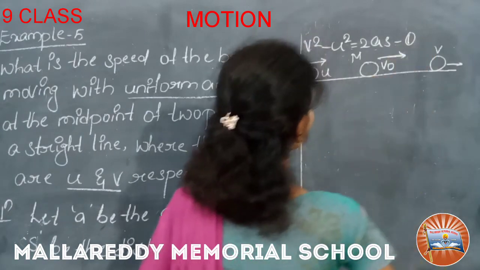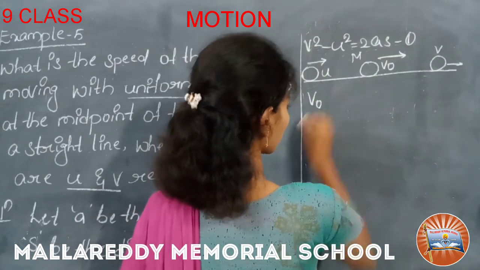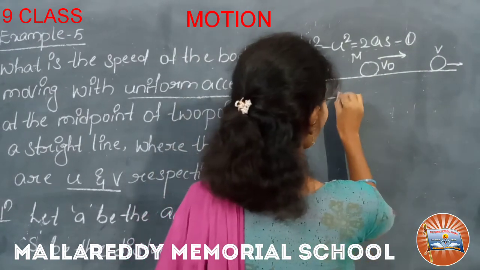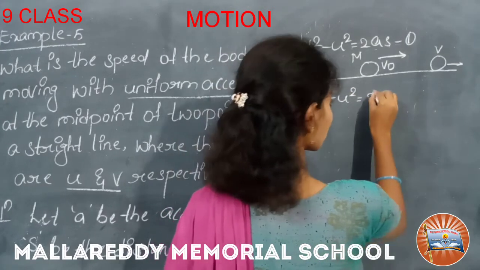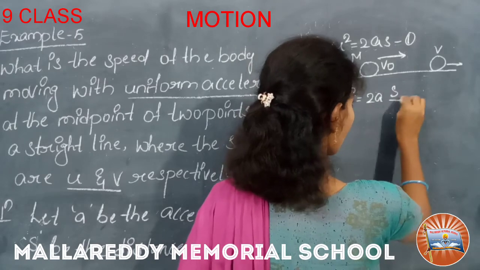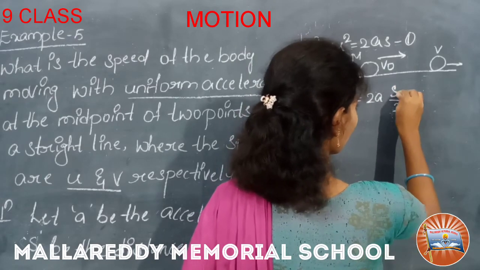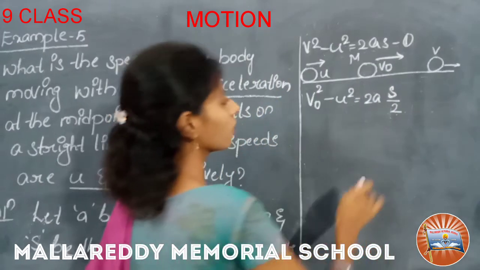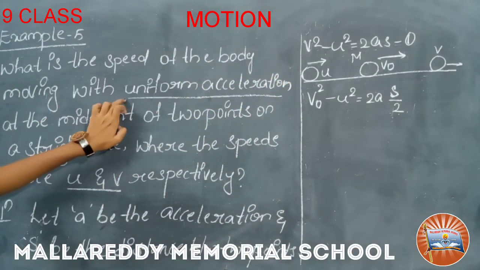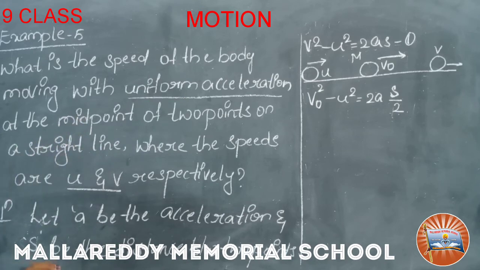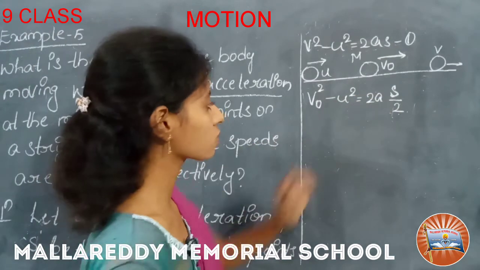So now we can write v naught square minus u square equals 2a into s by 2. Why are we taking s by 2? Because here we are finding the midpoint speed in a uniform acceleration.